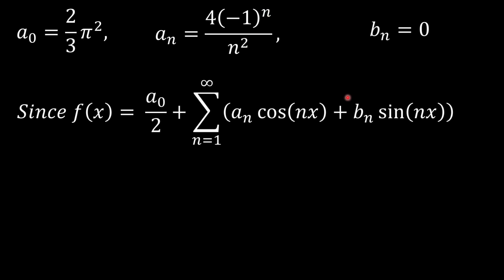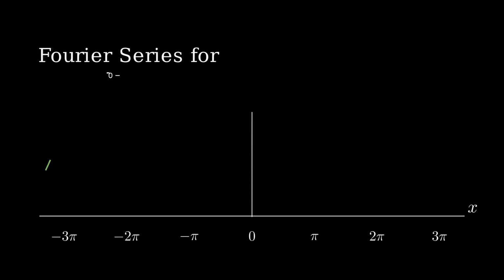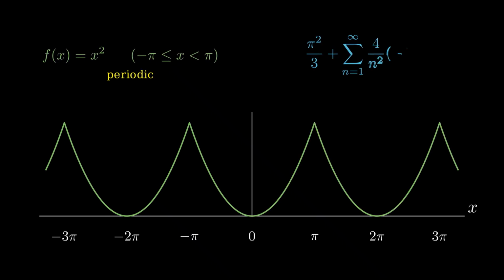So since this is our Fourier series expression, what that means is that x squared, that is periodic, would become pi squared over 3, that is 2 pi squared over 3 divided by 2, which is pi squared over 3, plus, pull the 4 out, the sum of negative 1 to the power n over n squared times cosine nx. And so if we go ahead and plot this, we'll see how quickly it approximates our expression of the Fourier series.